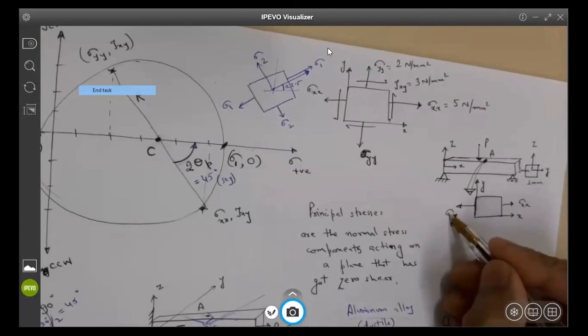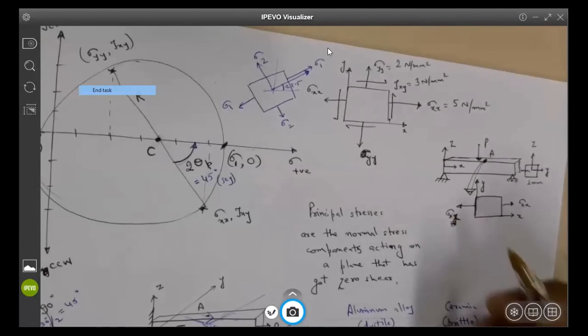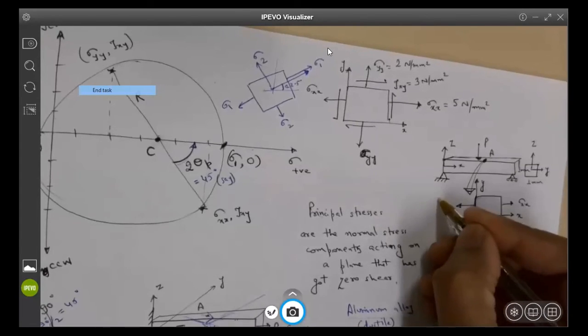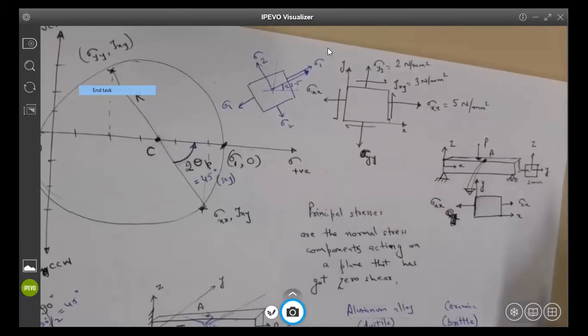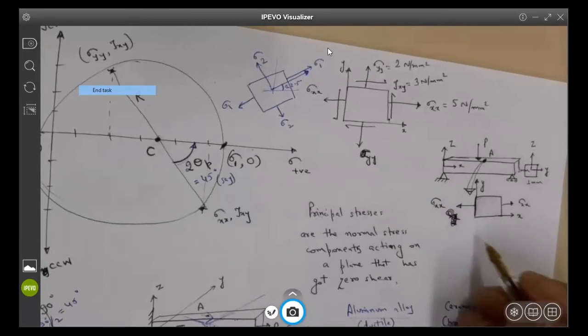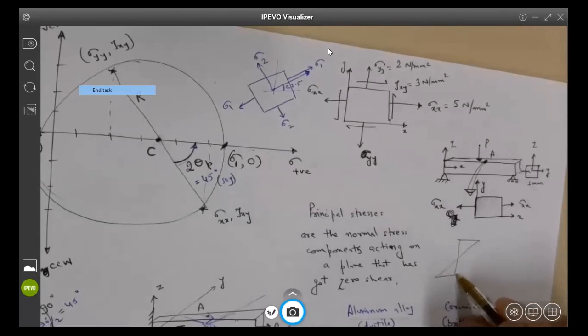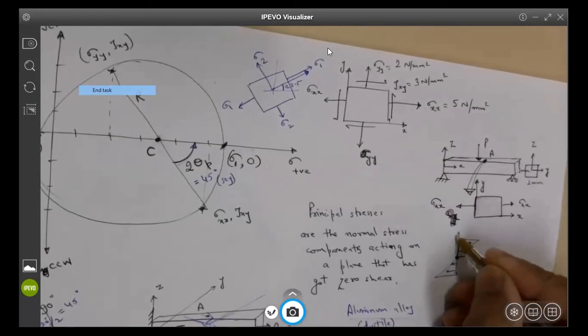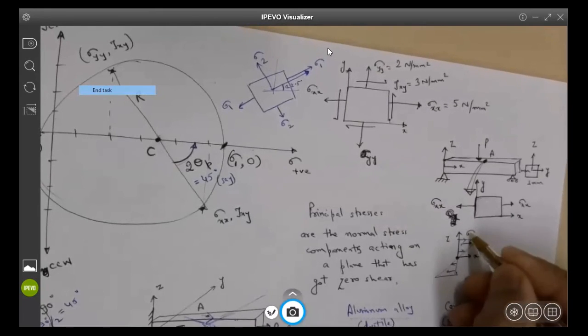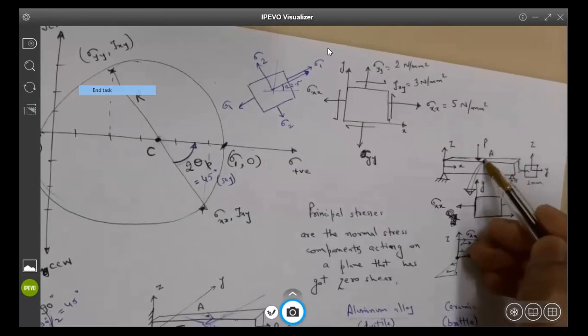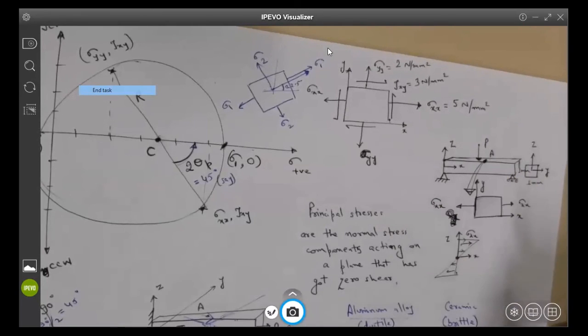And what about tau XY? I want to say it would be 0 as well. Why do you want to say that? I'm not sure, just because it's in the ZY plane. We are on the top surface, so that means tau XY will be 0.